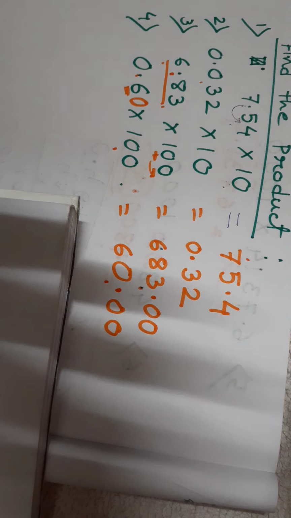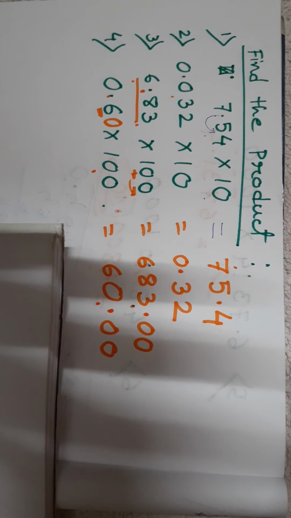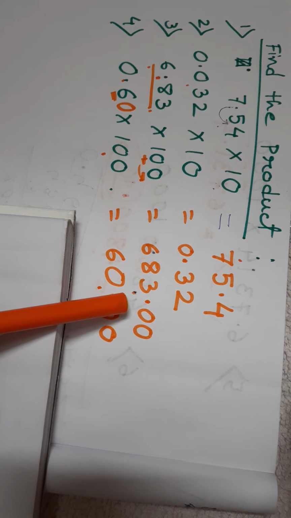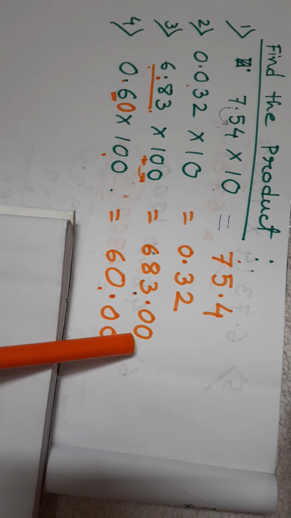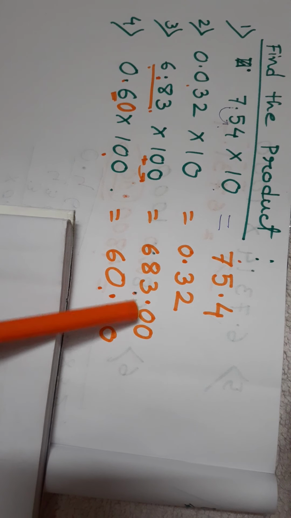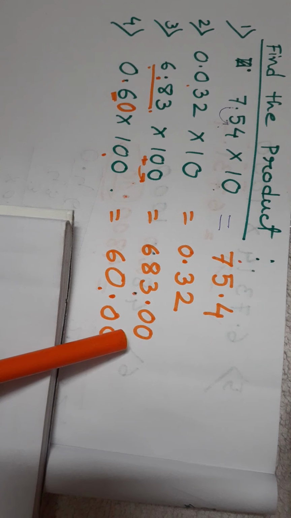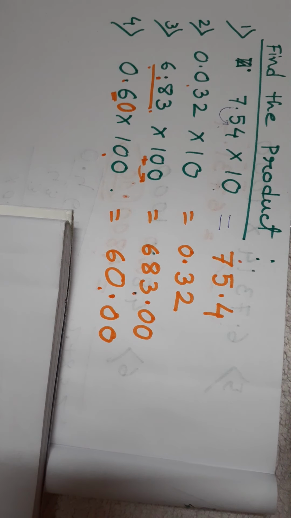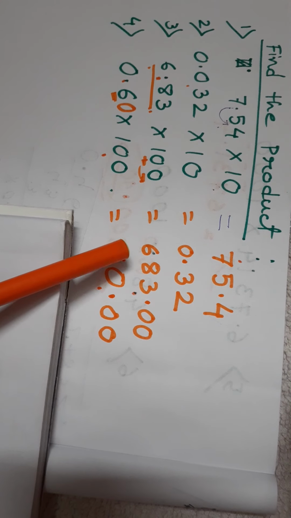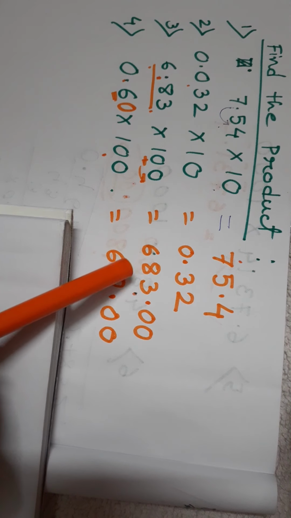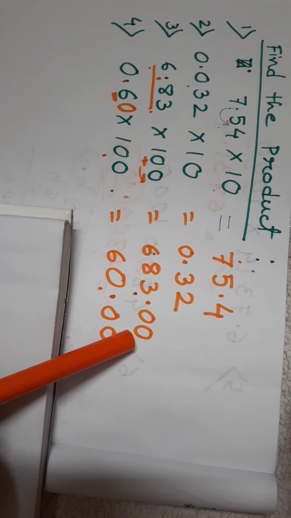The basic thing is that after the decimal point, if there is no other number, you can put any number of zeros. If you wish, you can put 20, you can put 30, you can put 10 zeros also. Ultimately, 683 is a whole number, and after 683 you can write .00 also.